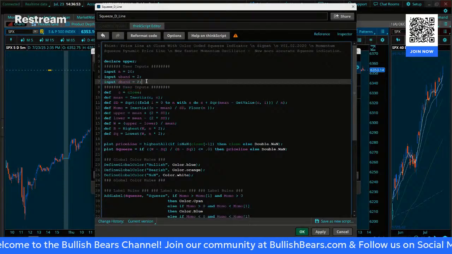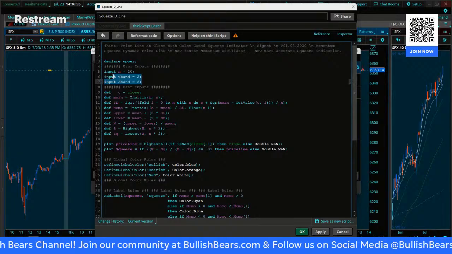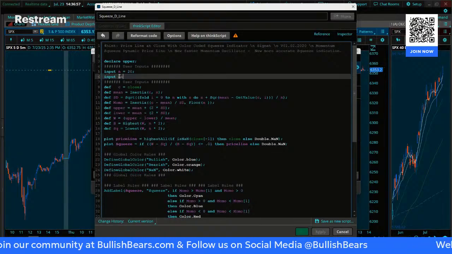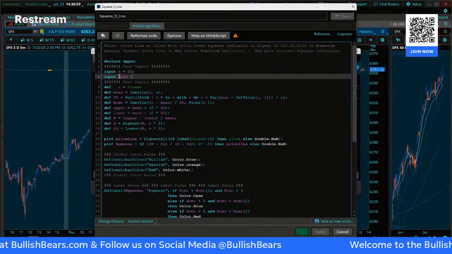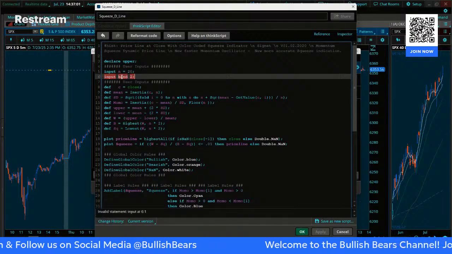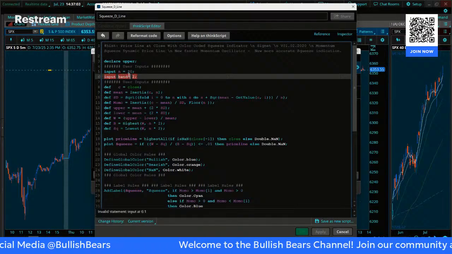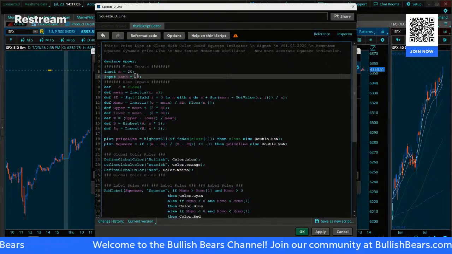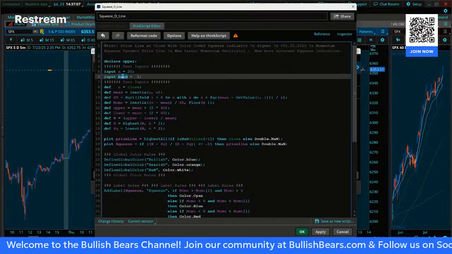We wouldn't really put in two different ones, right? The bands are almost always the same, so let's just use band instead of upper band, lower band. We'll just use band.